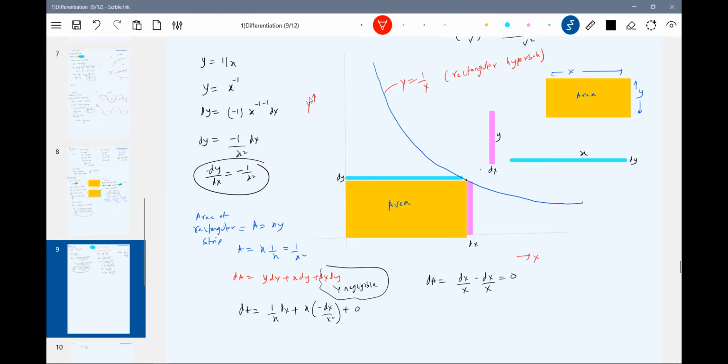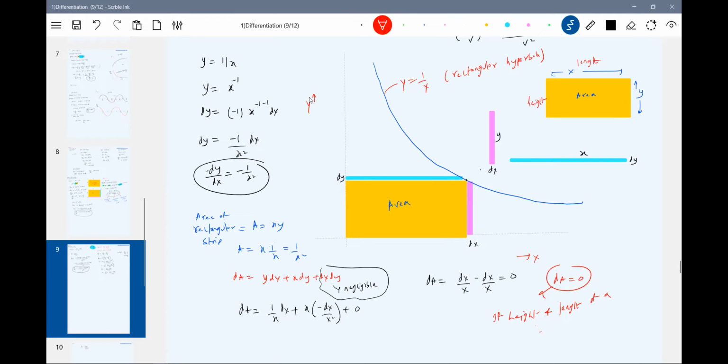So how to interpret this? dA equal to 0. If length and height, I'll call this the length, and this one will be the height. If the length and height of a plate, of a surface, of a lamina, we'll call it, I think rectangular is better, no?